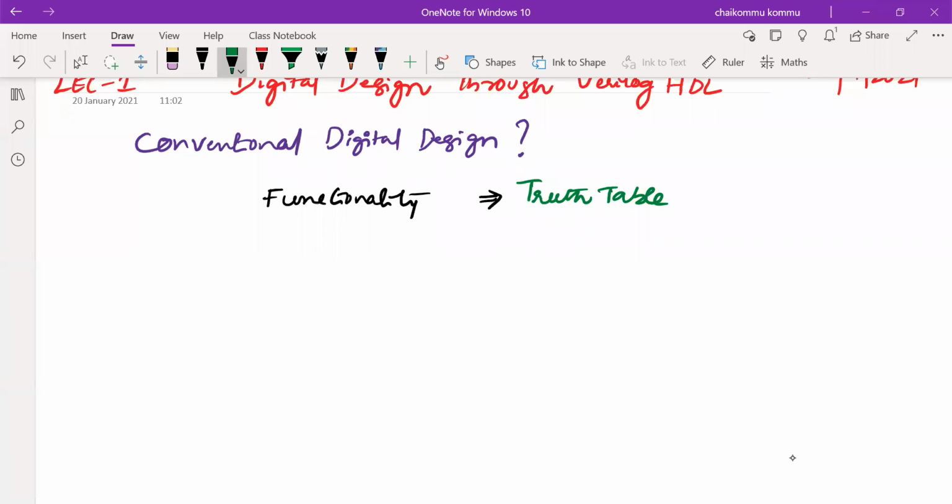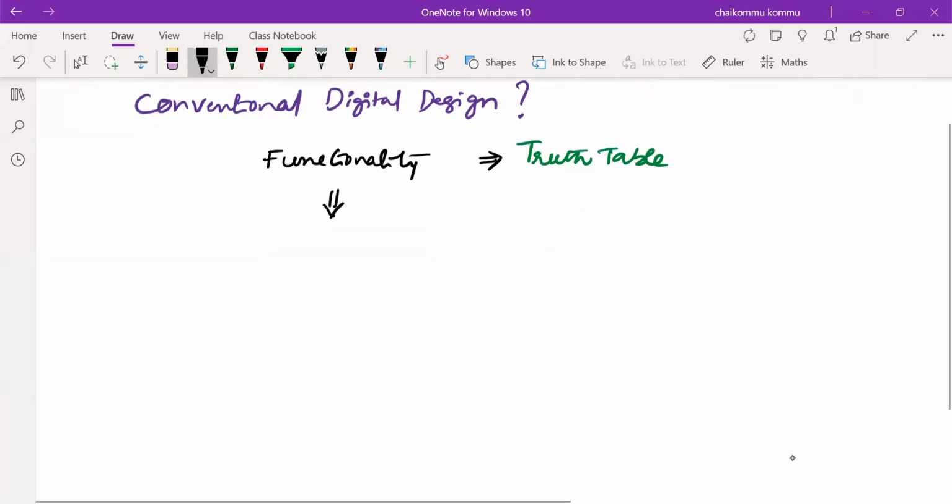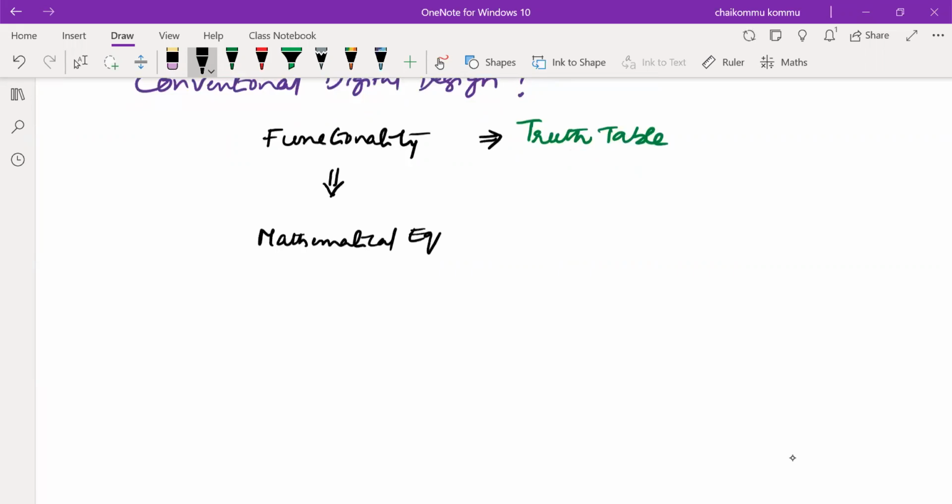If you want to design any circuit, we should know the functionality. Now, this functionality is translated into mathematical equations. Whenever we have a functionality, we know the truth table, and from the truth table we have to develop the mathematical equations.